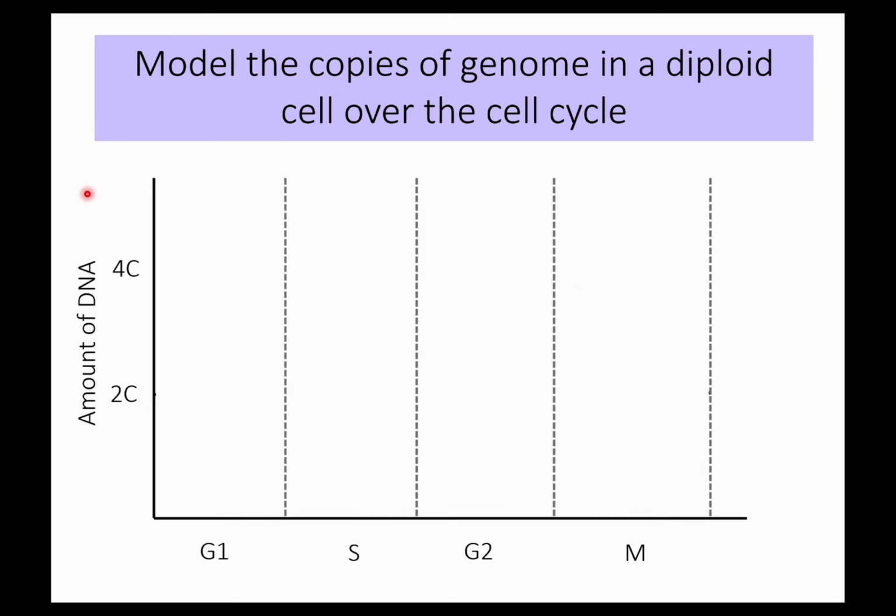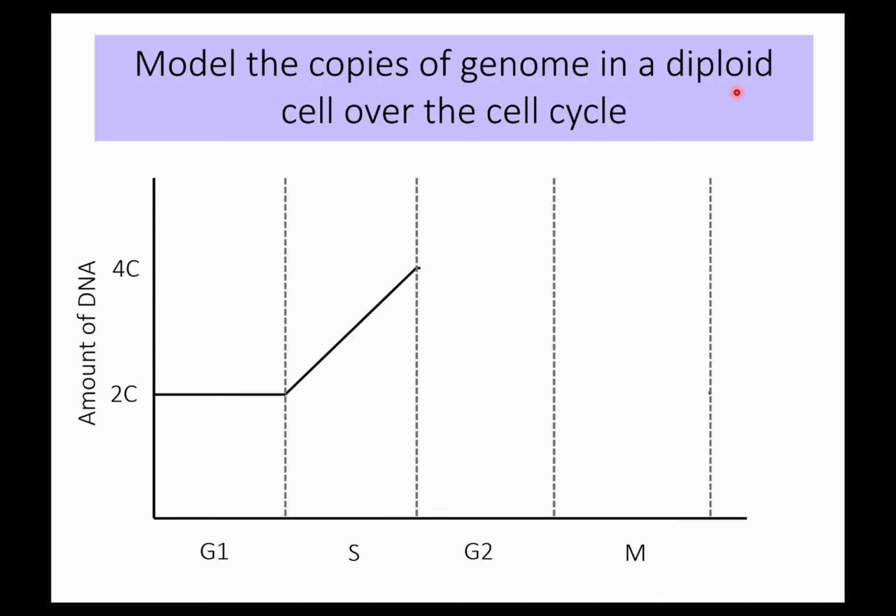So let's go through the amount of DNA or the genome copy number in a diploid cell. In a diploid cell, what are you going to start off with in G1? You're going to start off with 2C. What's going to happen during S phase? Is the genome copy number going to go up, down, or stay the same? Up to 4C, very good.